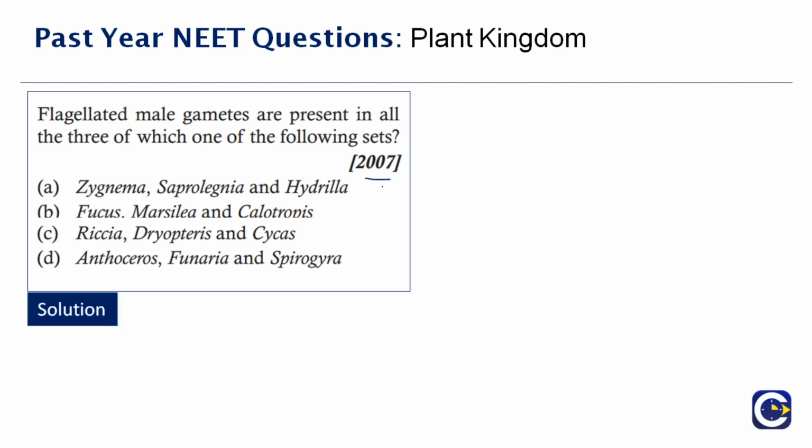So you are given 4 sets here, and each set has 3 plant species in it. Out of the 4 sets, which one has a flagellated male gamete is what we have to identify. Now, in all the 4 sets, leave out option D for now, because option D is the answer.